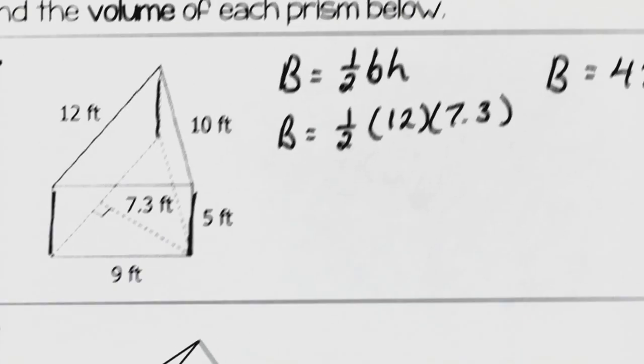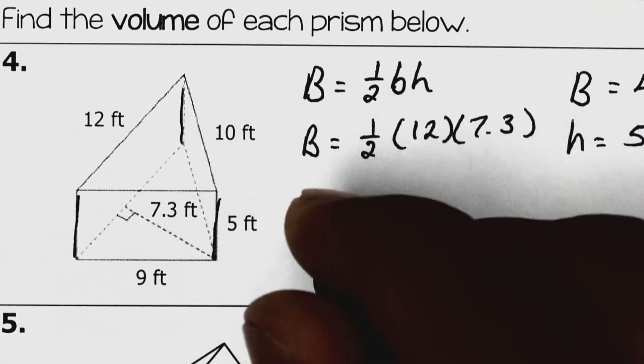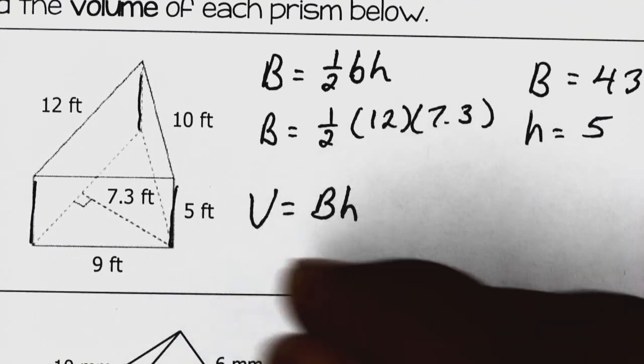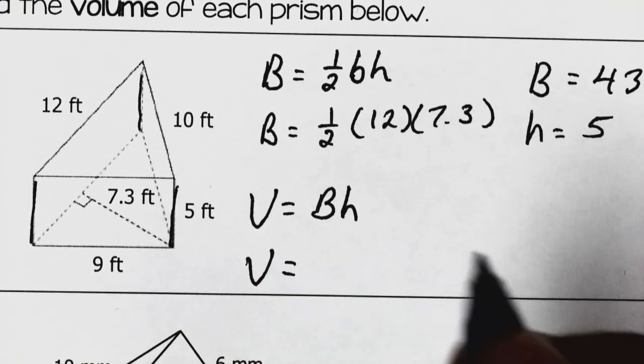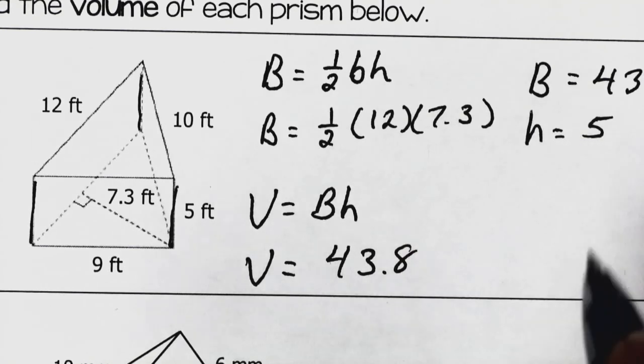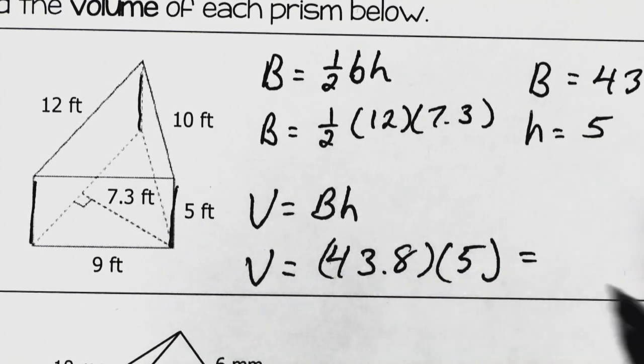So the height is 5. So H is 5. All right, so therefore volume is B times H. So volume is equal to base, which is 43.8, times the height, which is 5.